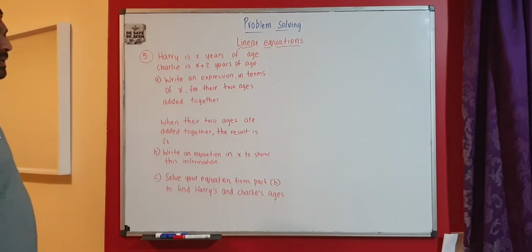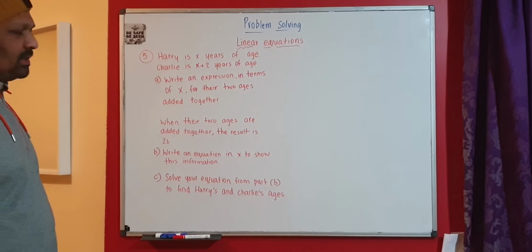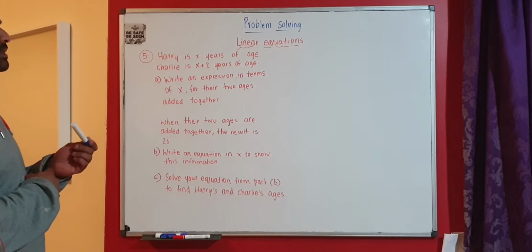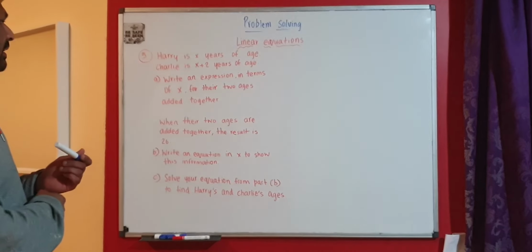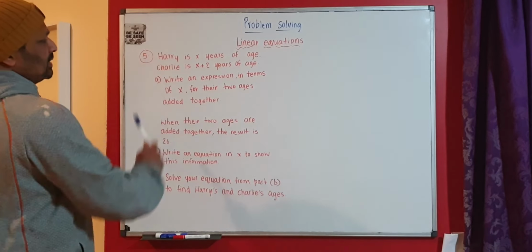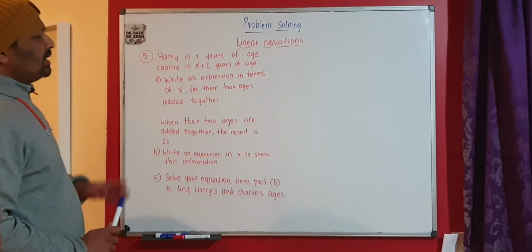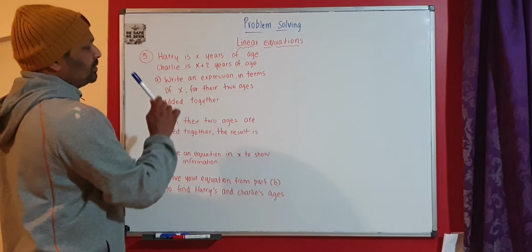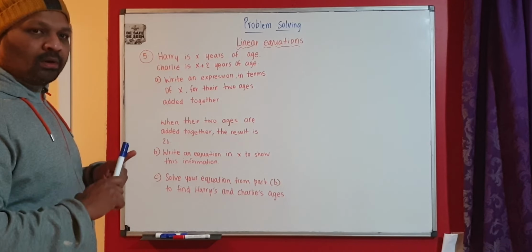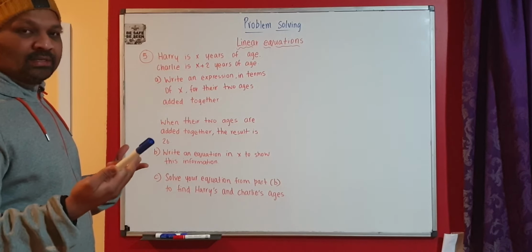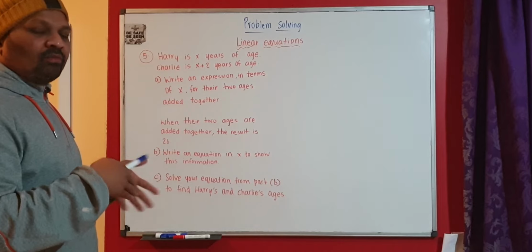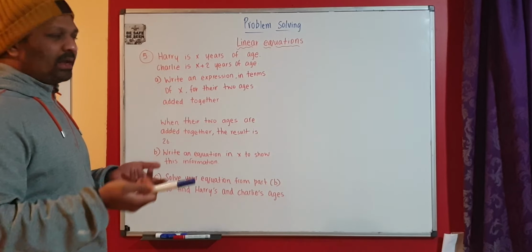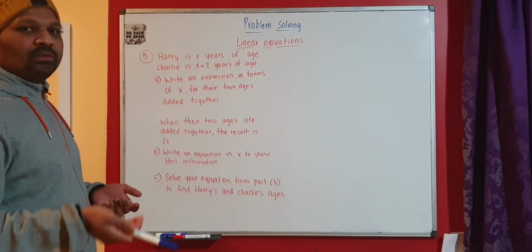Harry is a boy and he's x years of age. And x can be anything, it's a variable. You can consider it 5 years, 10 years, 20 years, or anything. Charlie is x plus 2 years. If Harry is x years, Charlie is 2 years more because we have a plus 2. There is a difference between more, less, times, and fractions like half of, 1/4, or 2/3.